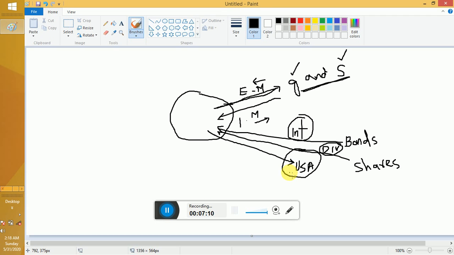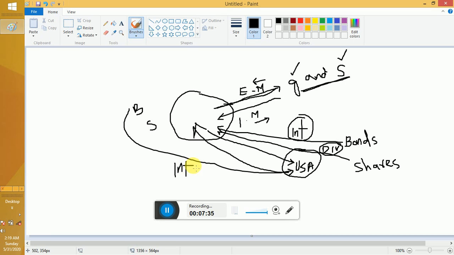Now sometimes, suppose there is a stock exchange in Afghanistan, there is a financial market in Afghanistan. So US people invest money here, they purchase bonds, they purchase shares. For bonds, they will receive interest.